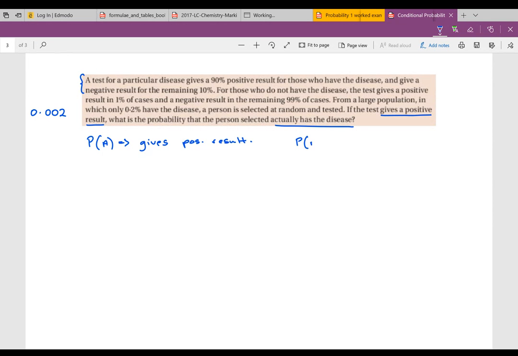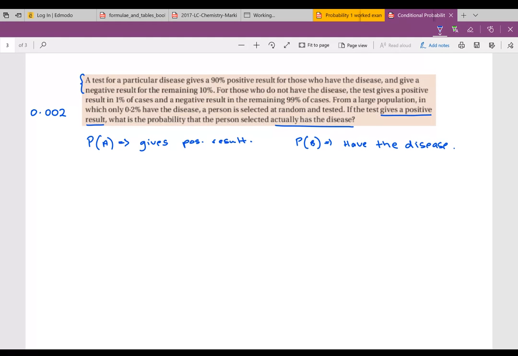So probability B is that they actually have the disease. Now, we know that the probability of having the disease is 0.002, but that's not the question. The question says, if you're given a positive result, what's the probability that you actually have it?